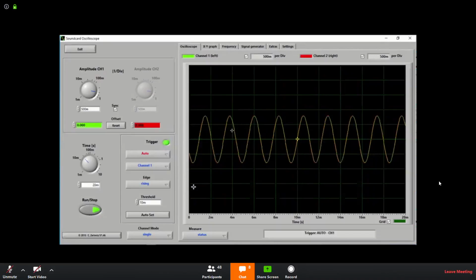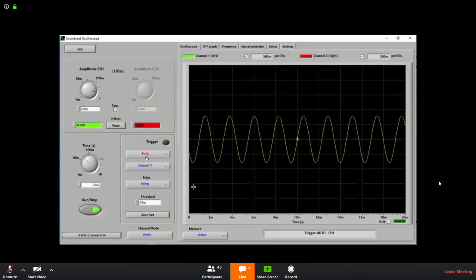When we meet on campus, I will show you how to measure in a similar manner. You will be able to see the voltage waveforms of your circuit instead of the speaker. This is the voltage of the speaker right now. You can also see the voltage of your circuit in a similar manner.